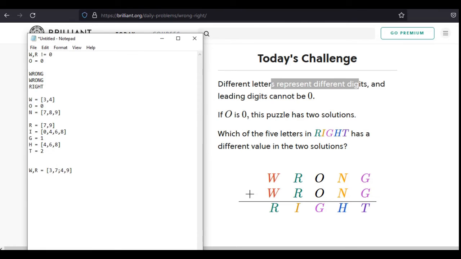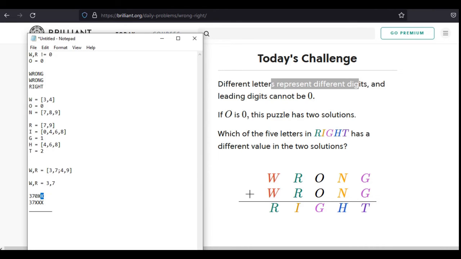Let us take WR is equal to 3, 7. What will make this 37 plus 37 and 74? Double O is 0, so 3, 7, 0. And do we have a value for n? We do not have a value for n.